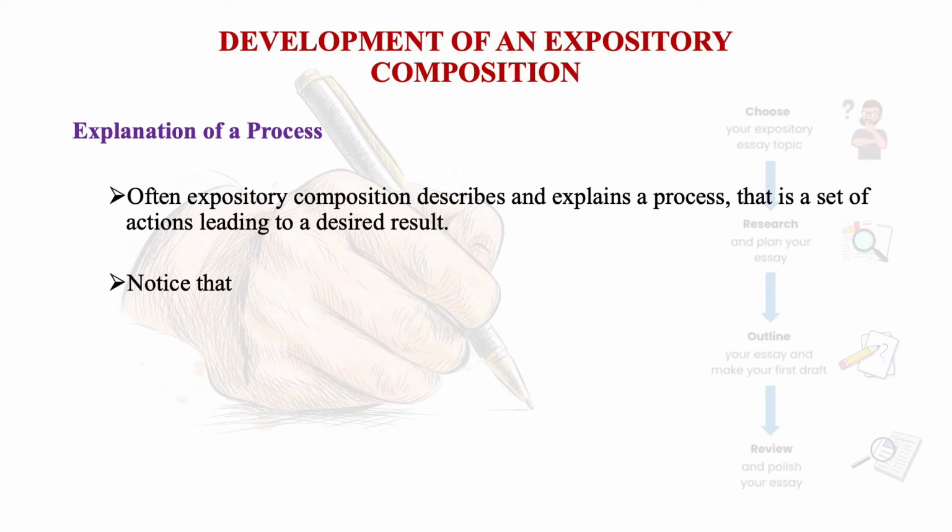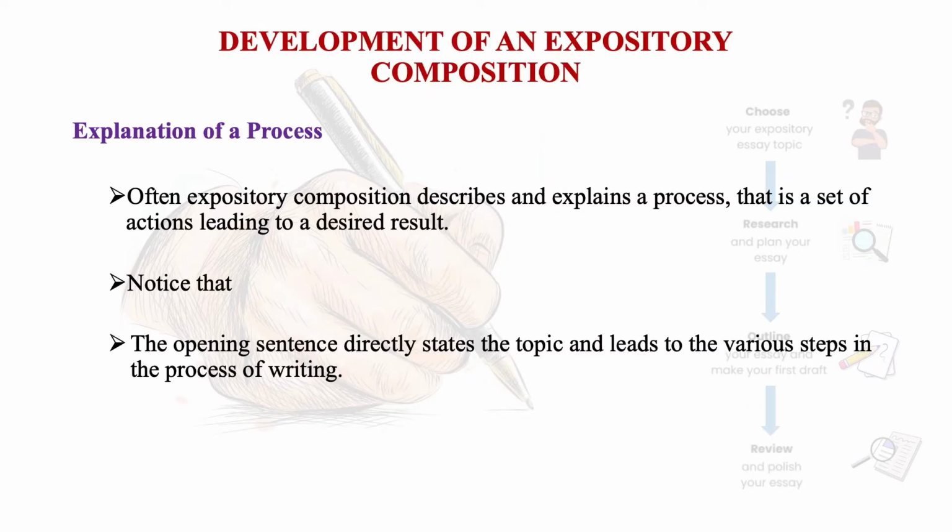So you are explaining that process, and remember there are a few points to be kept in mind while explaining it. The first is that the opening sentence directly states the topic, and it also leads to the various steps in the process.